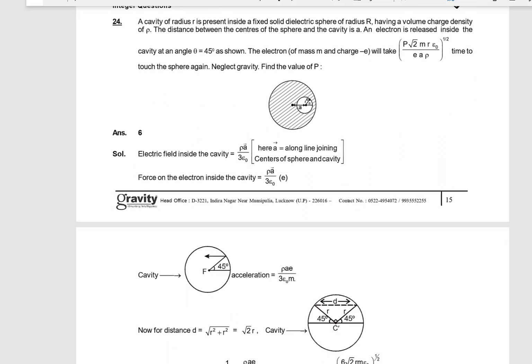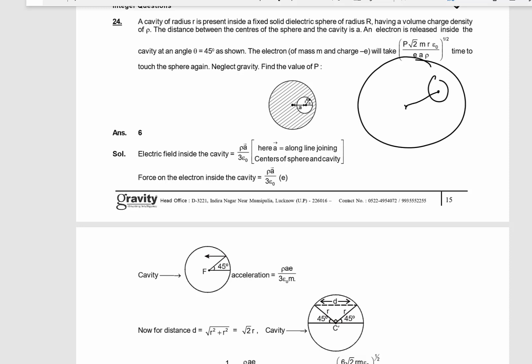We have a uniformly charged solid sphere and there is a cavity inside it, right? Inside a cavity we have already seen that the field is constant. Suppose we have a solid sphere and we have a cavity.